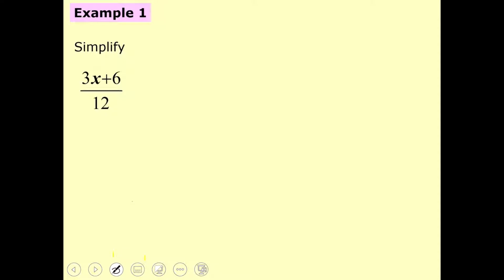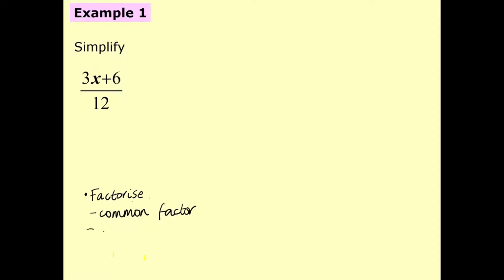So when we're factorising, the first thing you need to do is factorise. Okay, and you want to check first, is there a common factor? So remember, in all your levels of factorising, your different methods, so common factor, if it's not a common factor, you want to look for a difference of two squares.